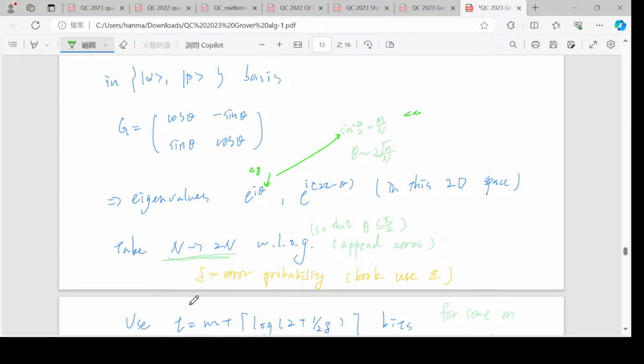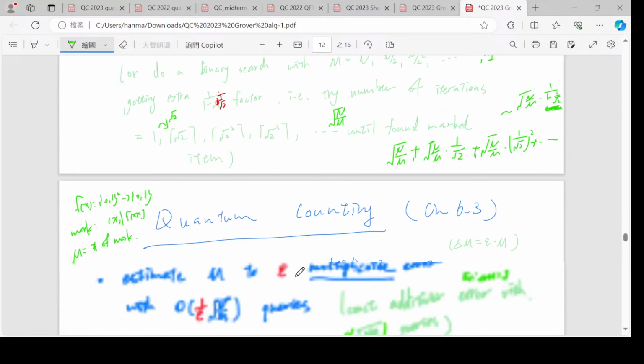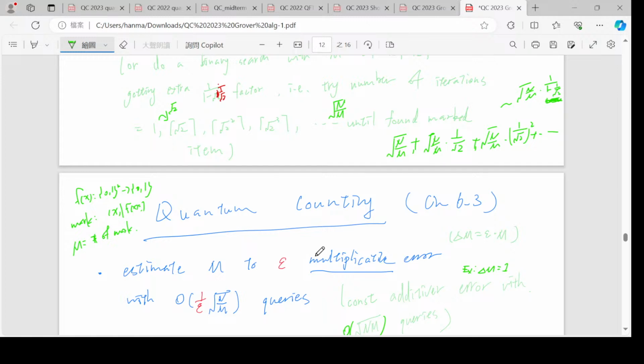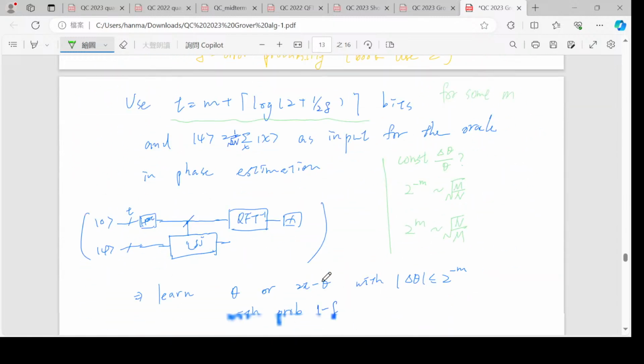We need to introduce another notation, delta, because this also depends on the success probability of your algorithm. This counting estimation sometimes fails. Only with probability 1 minus delta will you get a correct estimation of m to the correct multiplicative error.